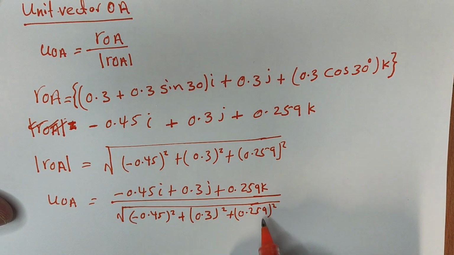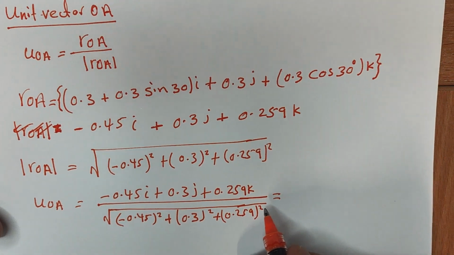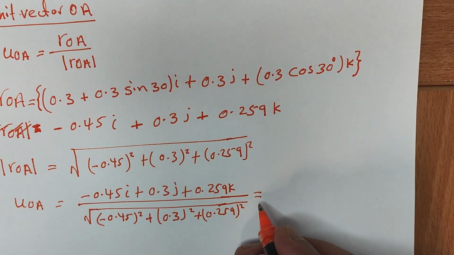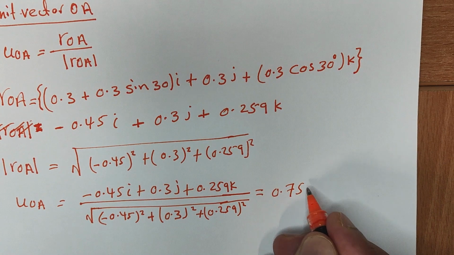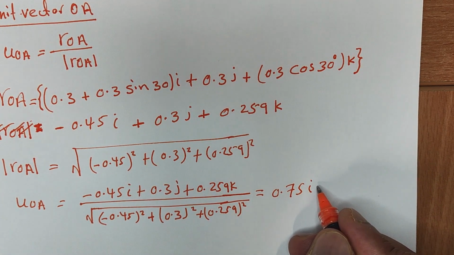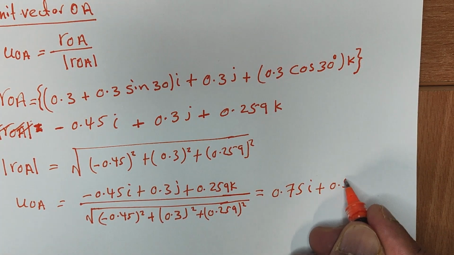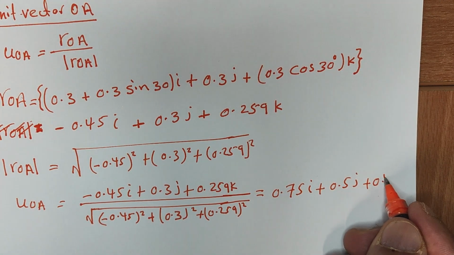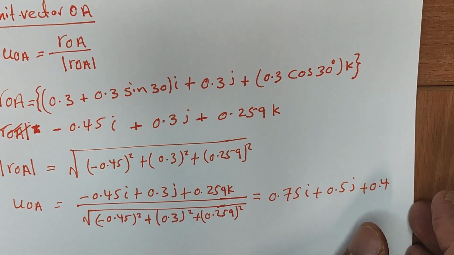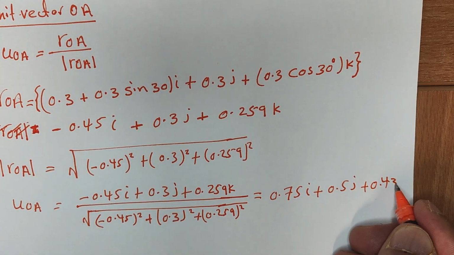When you divide these two together, you should get something like negative 0.75 i plus 0.5 j plus 0.433 k.